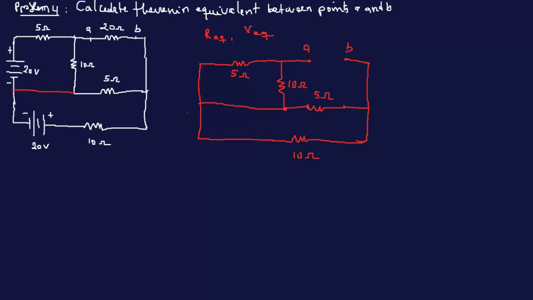These two together are in parallel, and then they will be in series. So REQ would be these two, the 5 and the 10, in parallel.